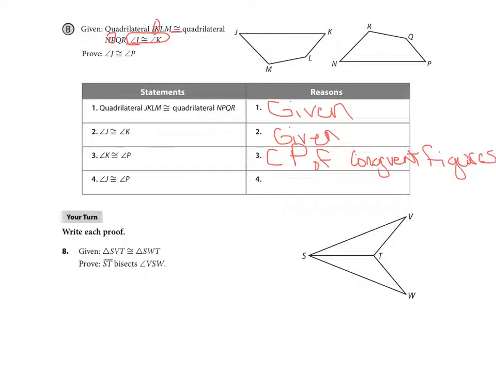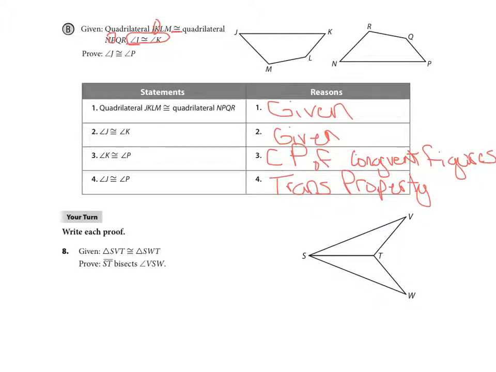And then it says angle J is congruent to angle P, which is the transitive property. And let's look at that for a second.